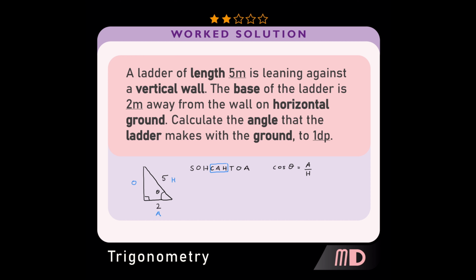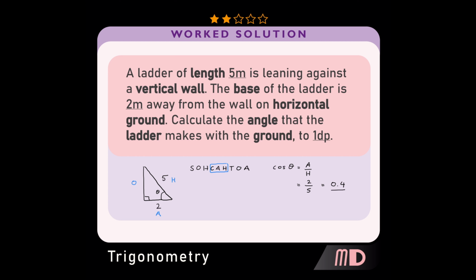The length of the adjacent side is 2, and the length of the hypotenuse is 5. So the cosine of theta is equal to 2 divided by 5, which is 0.4.